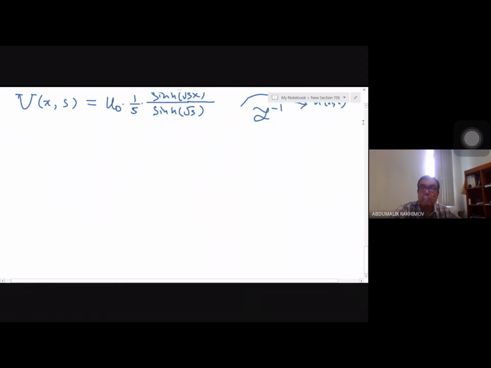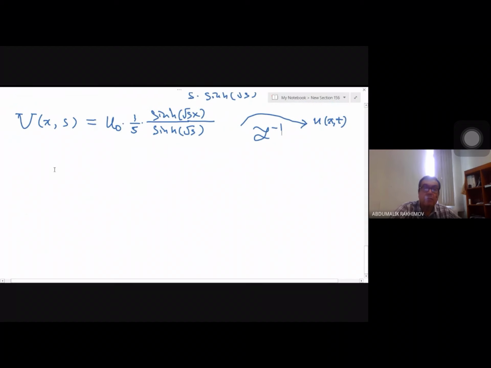So what we will do, we will try to bring this u capital into some of the formulas which we can apply. So we will make some changes in this u capital. Let me write u capital. To make changes, let me remind you what a sine hyperbolic is. Sine hyperbolic is exponential, right?